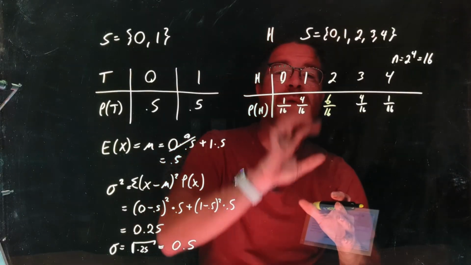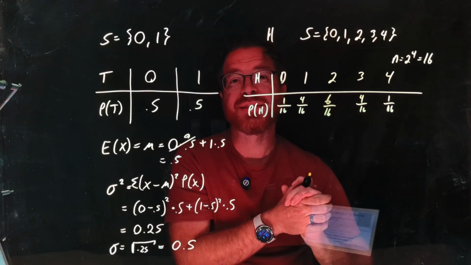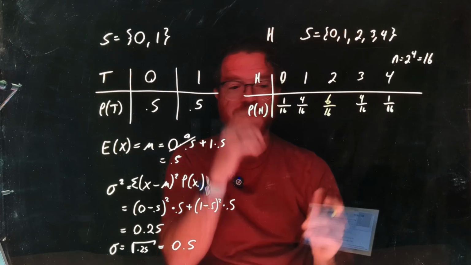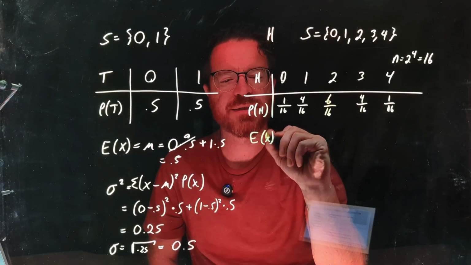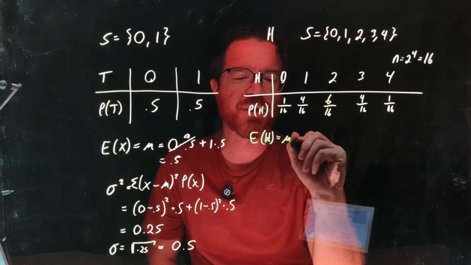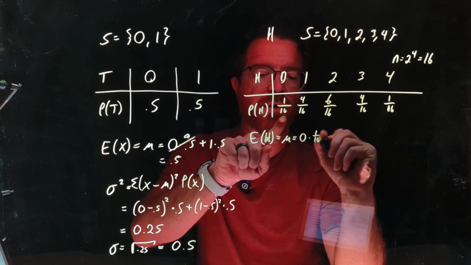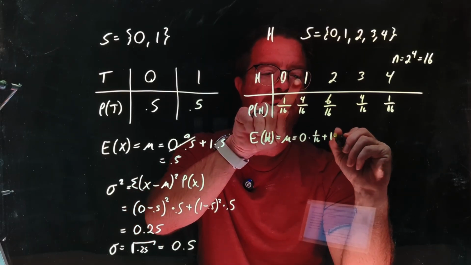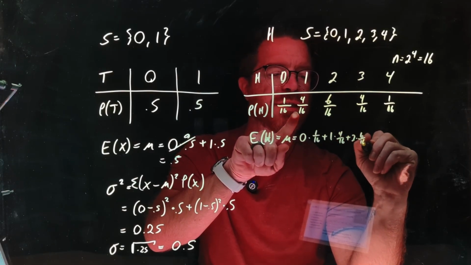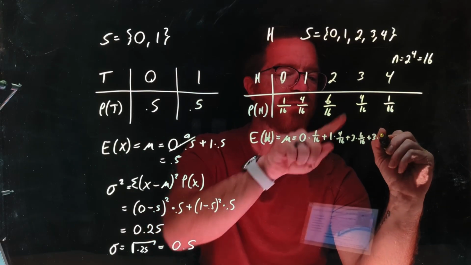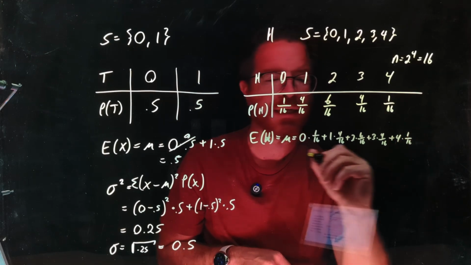So now I have my probability distribution. I've got all the outcomes, and I've got all of the probabilities associated with them. Now let's find our expected value. So our expected value of heads, H, which is equal to mu, is going to be 0 times the probability of getting a 0, 1 over 16, plus outcome 1 times the probability of getting a 1, which is 4/16, plus 2 times 6 over 16, plus 3 times 4 over 16, plus 4 times 1 over 16.